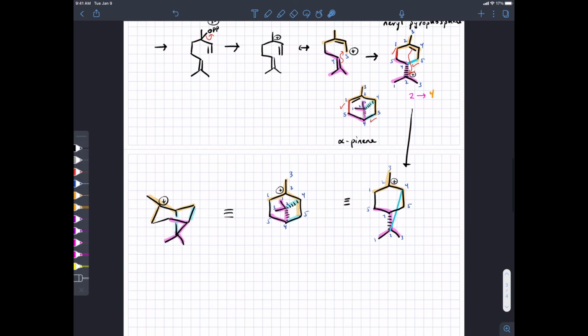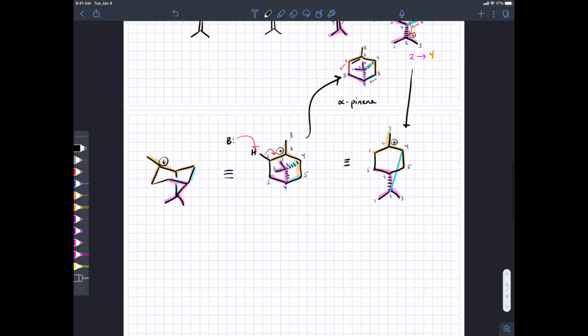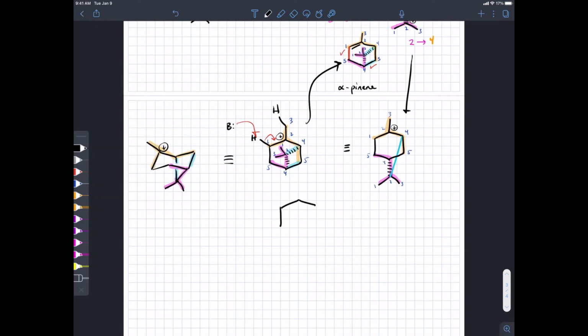To finish the thing with alpha pinene, actually, all we need to do is an E1 style elimination to create the double bond there, and that's alpha pinene. Now, if we had done the elimination from carbon 3, we could have gotten an isomer of alpha pinene, which is called, surprisingly, beta pinene.